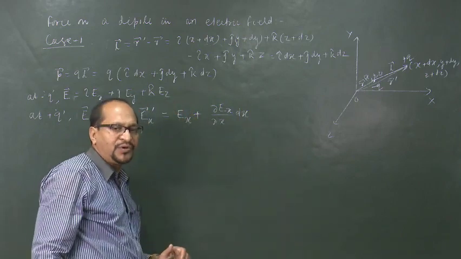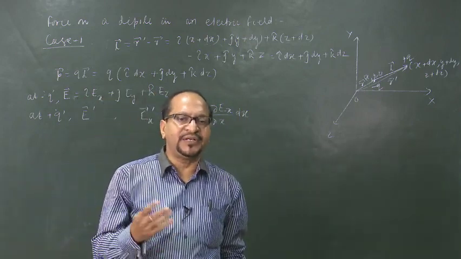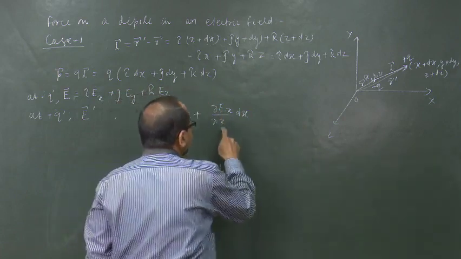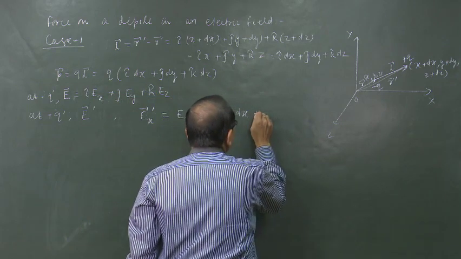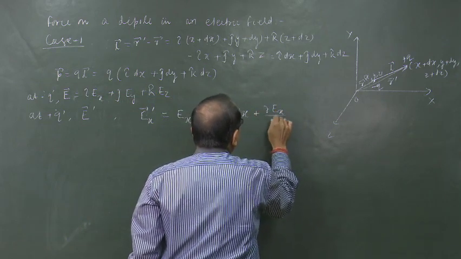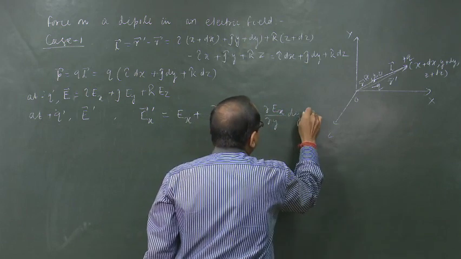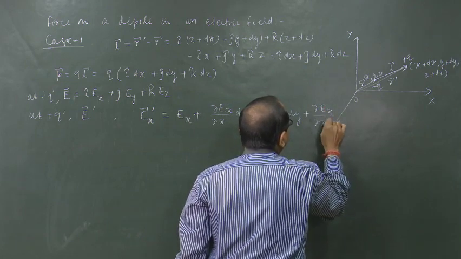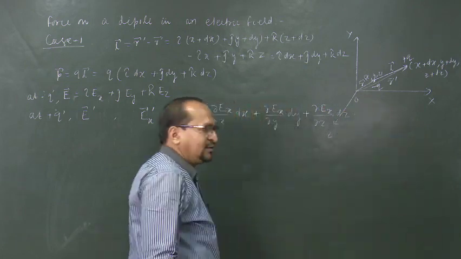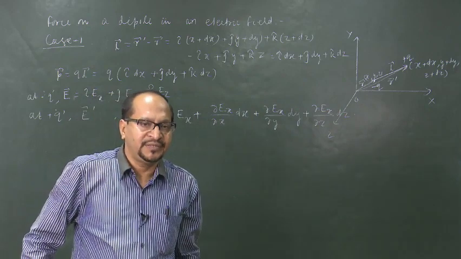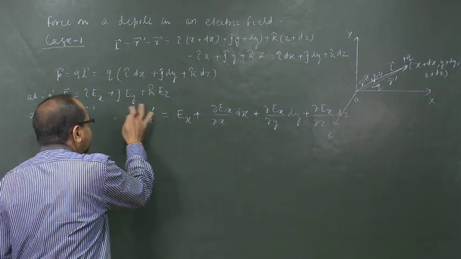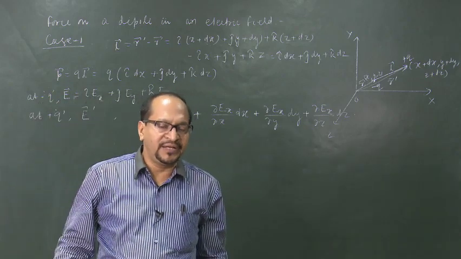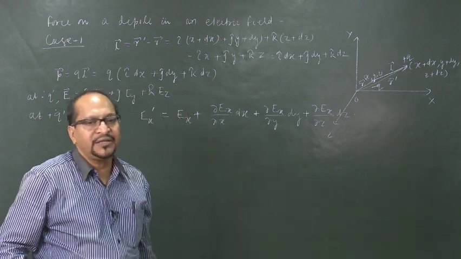As the field is not uniform, all the components of the field are functions of x, y and z. So it will be del E x by del x into dx plus del E x by del y into dy plus del E x by del z into dz, if we consider only the x component of electric field. The direction will be along the x axis, that is the unit vector i cap.